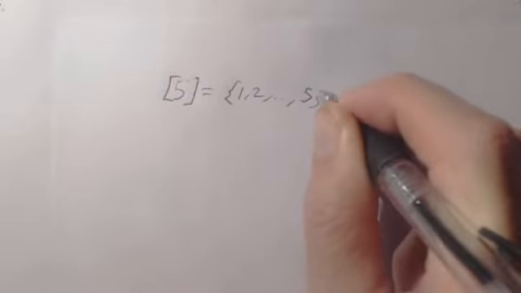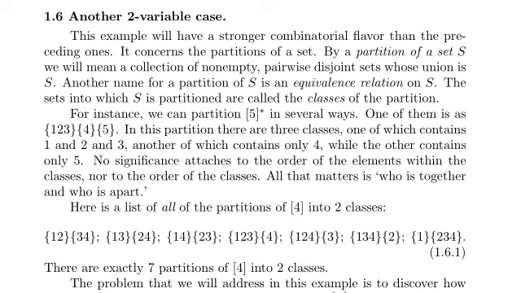One of them is 1, 2, 3, 4, 5. In this partition there are 3 classes, one of which contains 1, 2 and 3, another which contains only 4, while the other contains only 5. No significance attaches to the order of the elements within the classes, nor to the order of the classes. All that matters is who is together and who is apart.